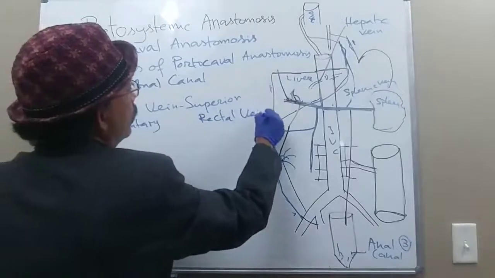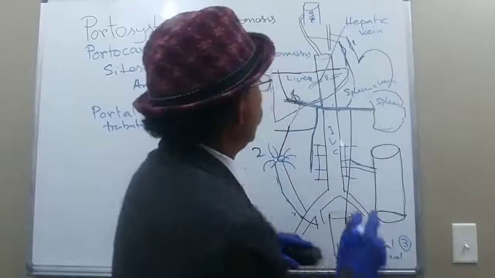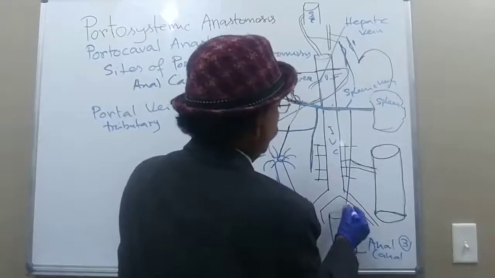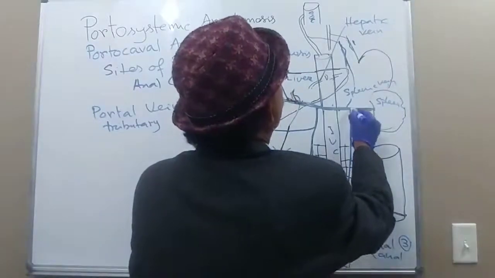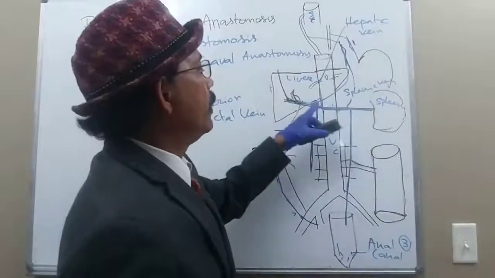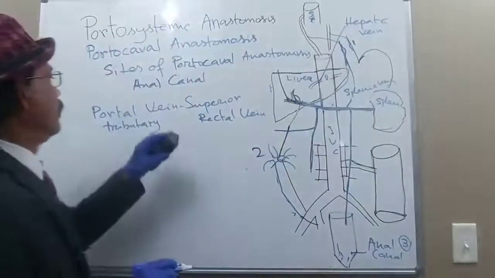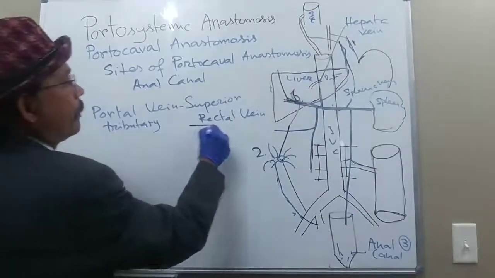We know that the superior rectal vein continues as the inferior mesenteric vein. The inferior mesenteric vein opens into the splenic vein, and the splenic vein and the superior mesenteric vein form the portal vein. So the superior rectal vein is a portal vein tributary.